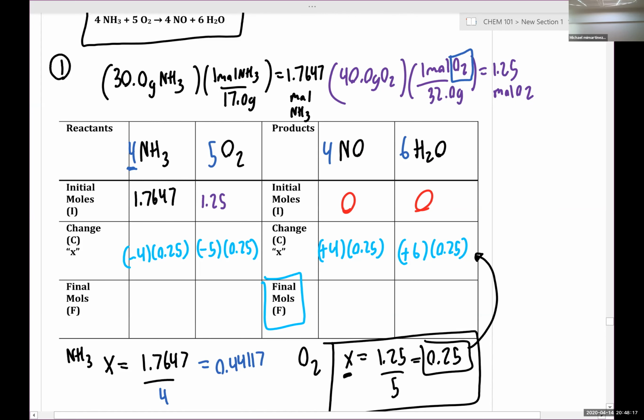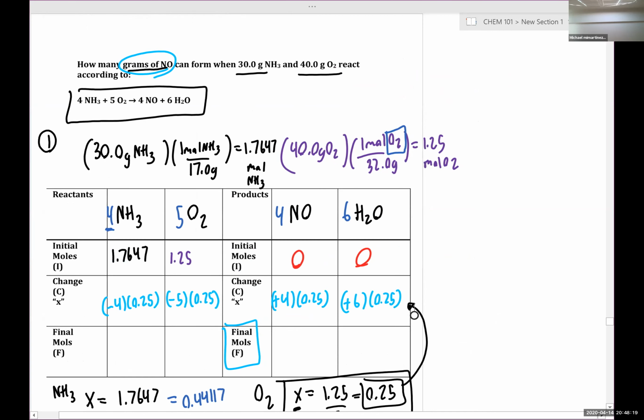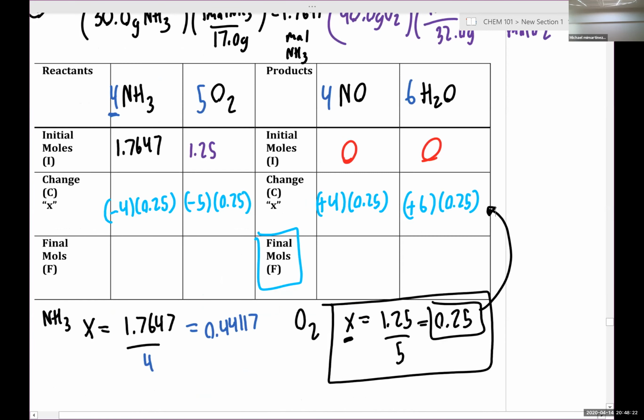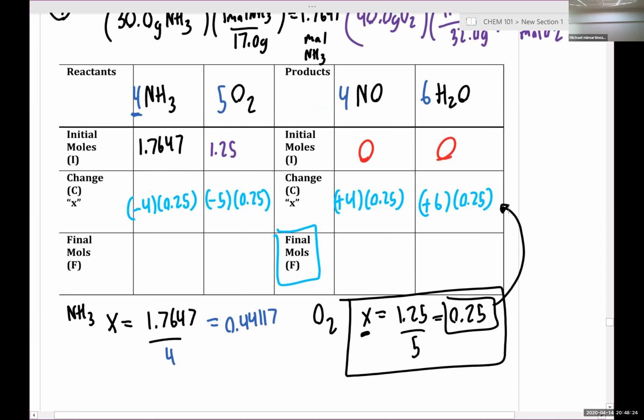Now, let's just do that really quickly. So for our final moles for ammonia, we'd have 0.7647. For oxygen, we'd have 0 moles because oxygen is limiting. For nitrogen monoxide, we have 1.00, since technically this should have 3 sig figs.